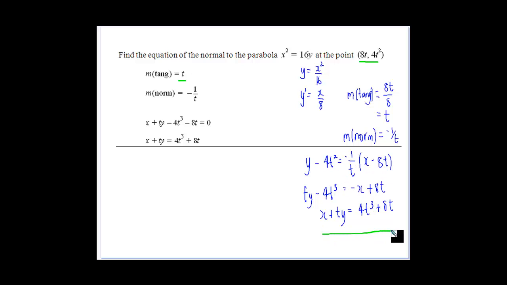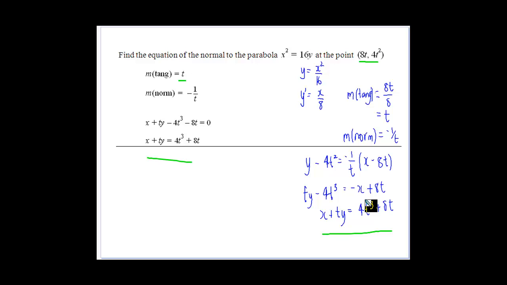If you can remember the actual formula, that could work too. I'm not that fussed on remembering the formula for the gradient of the tangent and the normal, because that's making it a little bit hard, and if the question asks you to prove it, you can't just quote the formula anyway. So it's easier to remember how to get it: you get your gradient, get your point, and substitute it in.